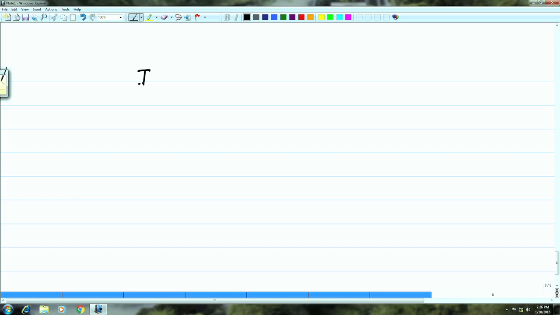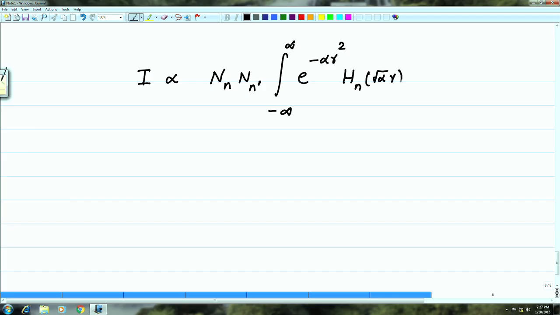The intensity is proportional to the normalization constant n prime, times the integral from minus infinity to plus infinity of e to the minus alpha r square H n root alpha r, H n prime root alpha r dr, and the absolute square of this integral times mu d.